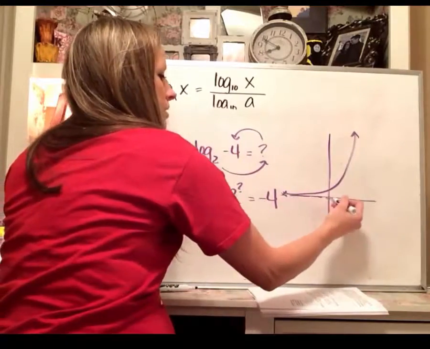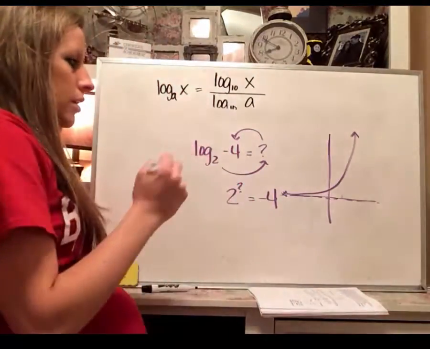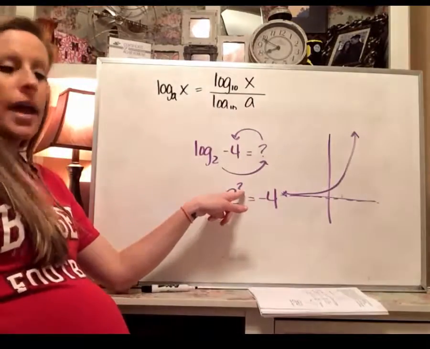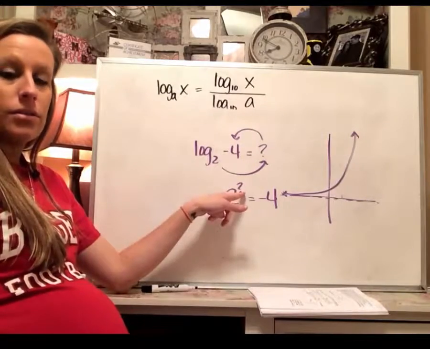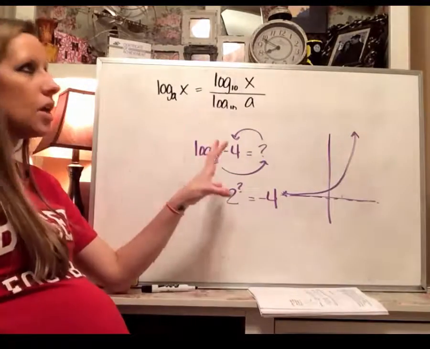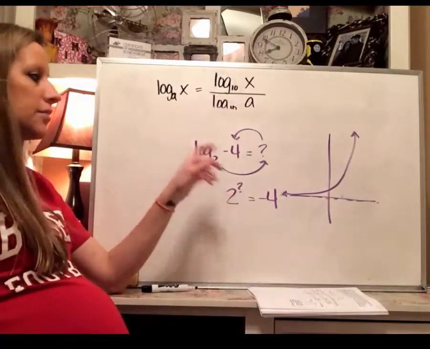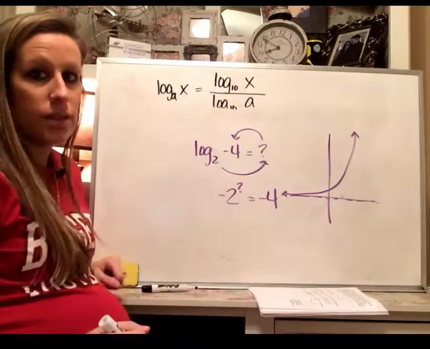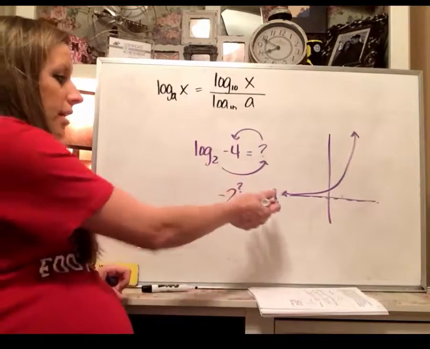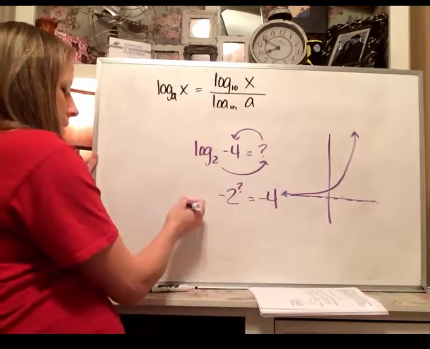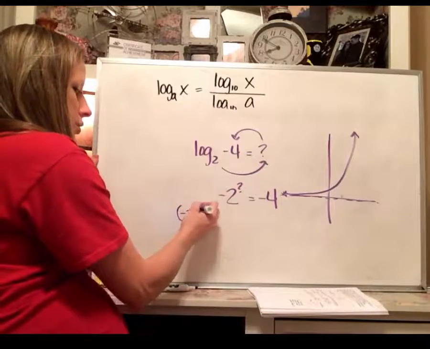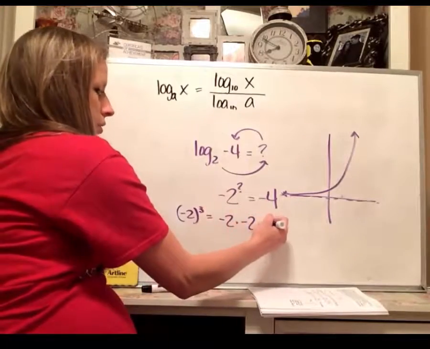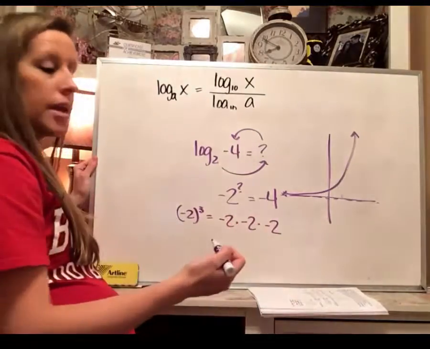where you get this exponential function that looks like this. Okay, and you have a horizontal asymptote at 0. You can't get a negative number no matter what exponent you have here, as long as your base is positive. Now, if I have negative 2 as a base, then yeah, I can get a negative number, because if I do negative 2 cubed, it's like saying negative 2 times negative 2 times negative 2, right?